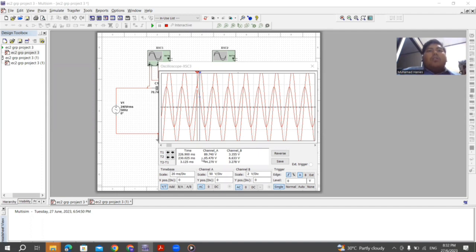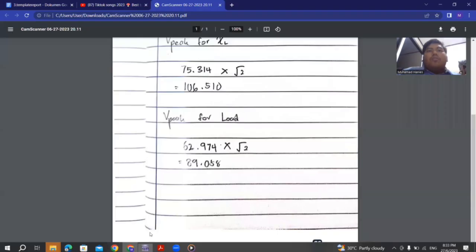So the value of Vpeak for VLOAD on a simulation and manual calculation will be quite similar. So this is our value for a manual calculation. So that's all from me. Thank you.